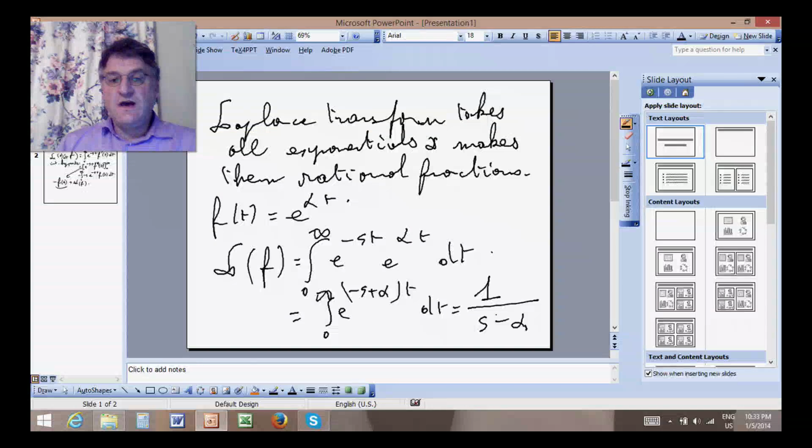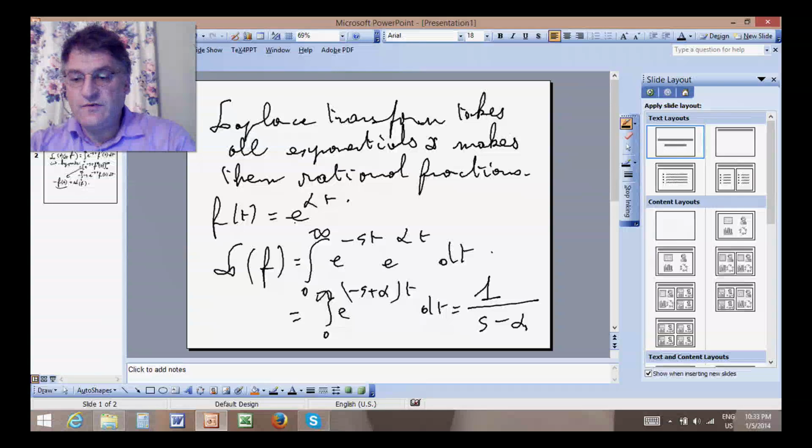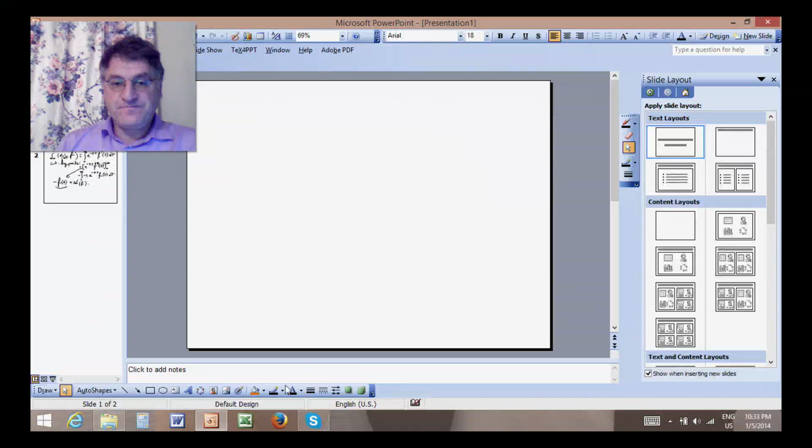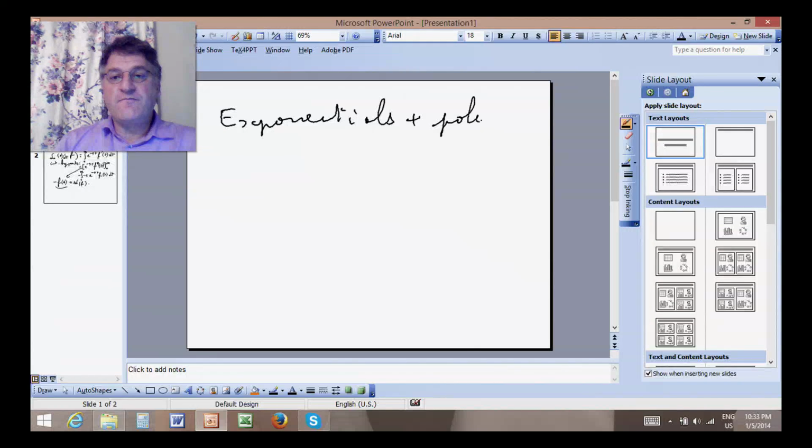Okay, let's see what happens when we mix exponentials and polynomials. So exponentials plus polynomials means things of the kind t e to the alpha t.